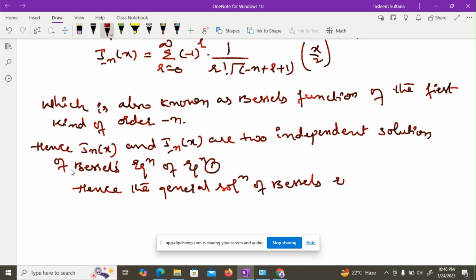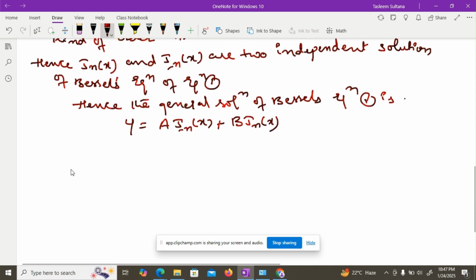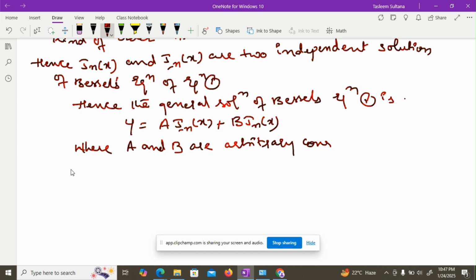Hence, the general solution of Bessel equation 1 is y is equal to a J minus n of x plus b Jn of x, where a and b are arbitrary constants.